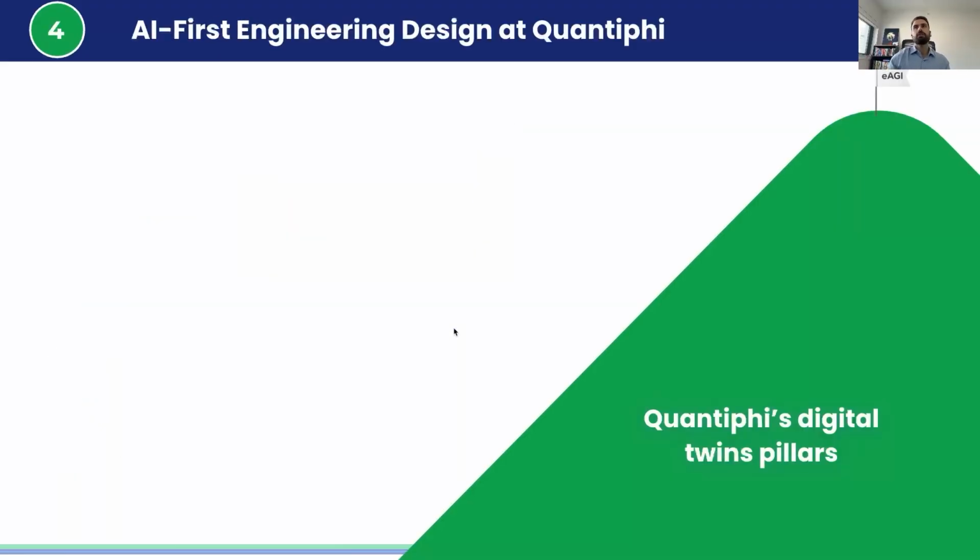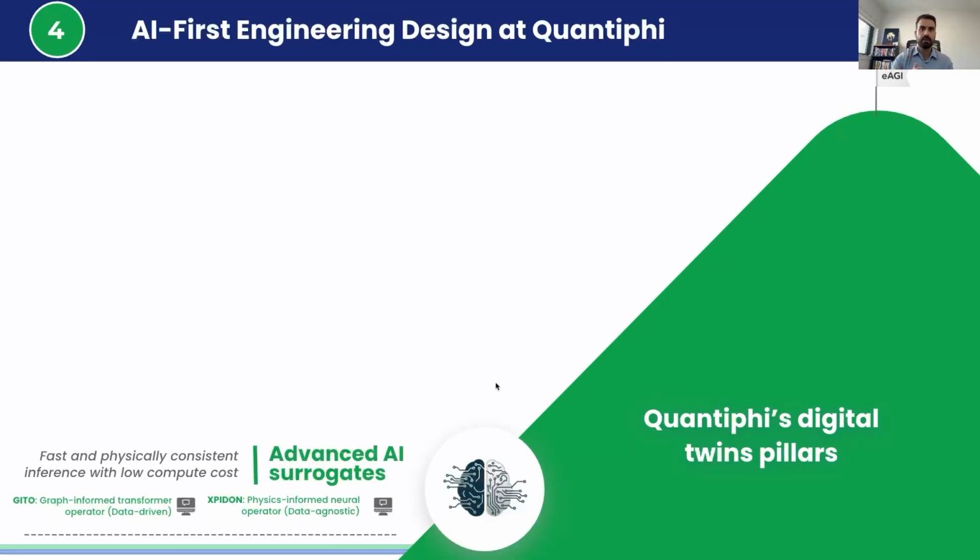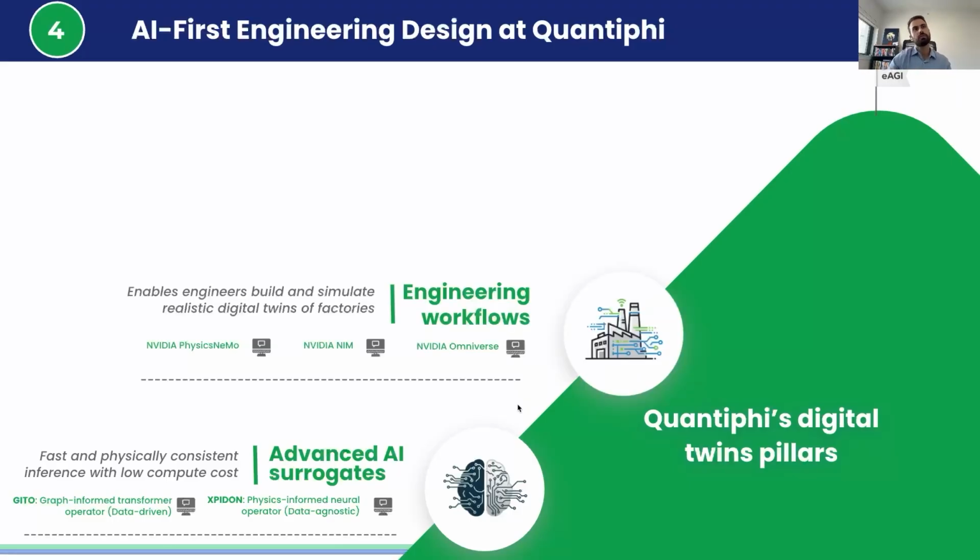So, Quantify's approach towards AI first engineering design is built on three main pillars. Advanced AI surrogate models, where we have fast and physically consistent models with low compute costs. We have engineering workflows.